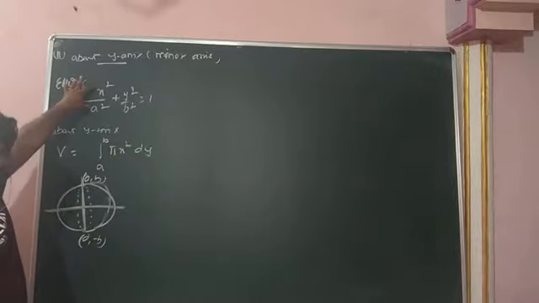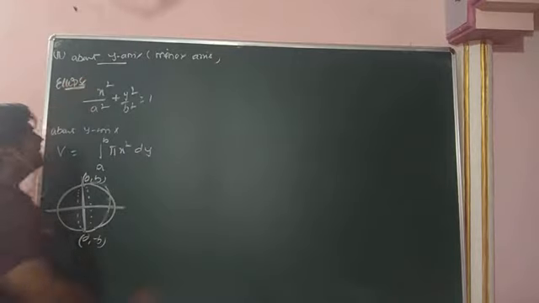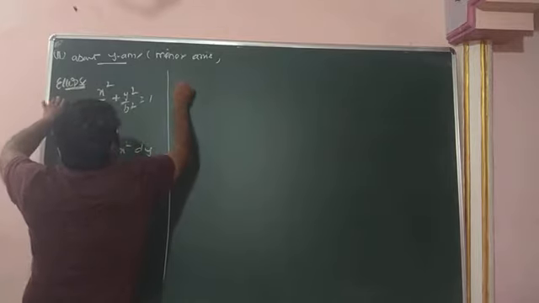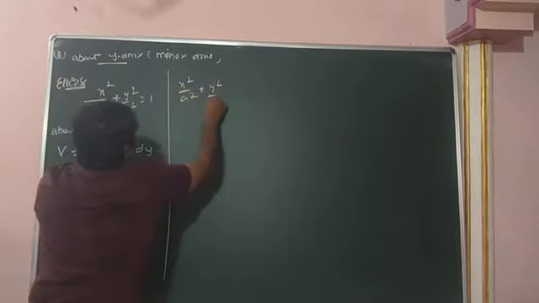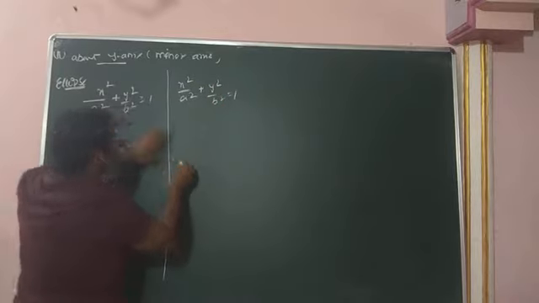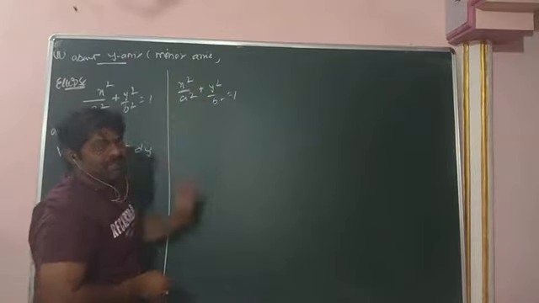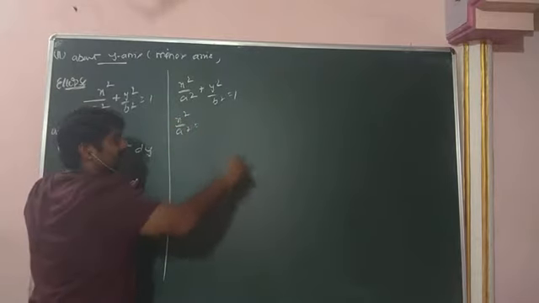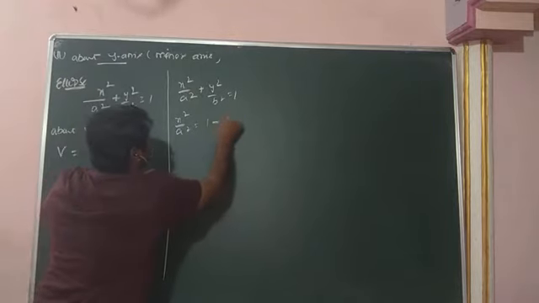From this equation, we need to get x square is equal to. So we have x square by a square plus y square by b square is equal to 1. When this plus goes to the other side, it becomes minus. That is, we get 1 minus y square by b square.